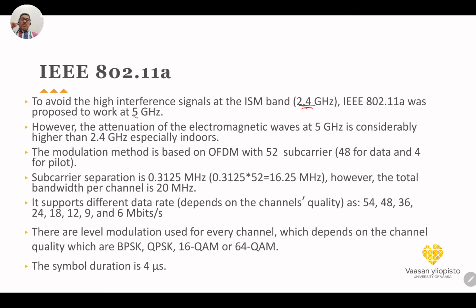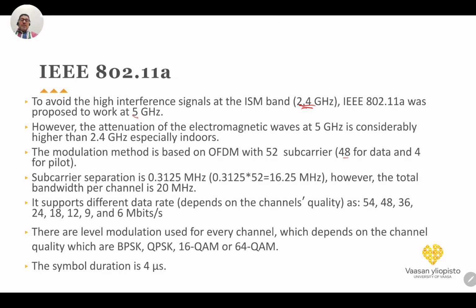The modulation method is based on OFDM with 52 subcarriers. Actually, 48 subcarriers are used for data and 4 for pilot. The subcarrier separation is 0.3125 megahertz, which means that for the 52 subcarriers we will have 16.25 megahertz, while the total bandwidth per channel is 20 megahertz.